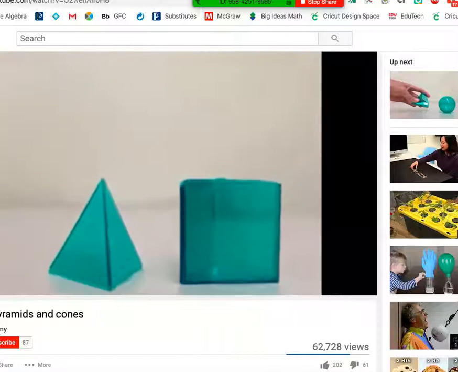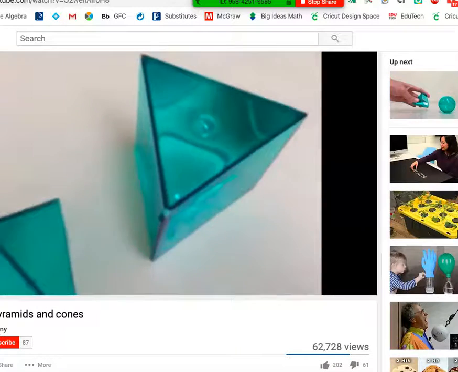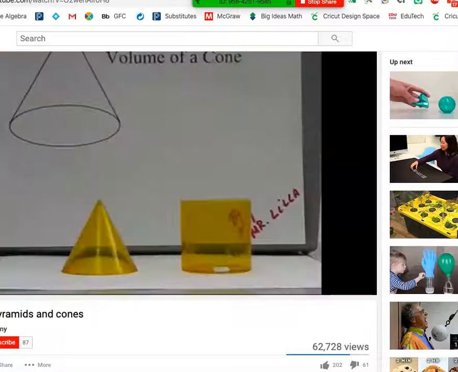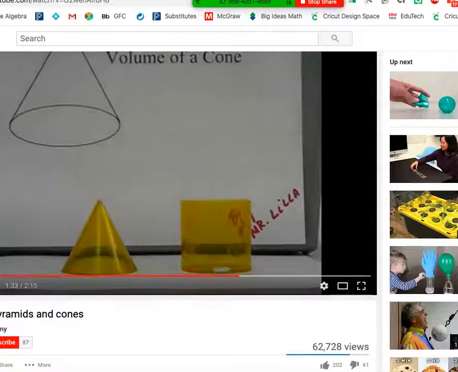Okay, now I think it's going to move on to cones in a second here. Okay, let's take a guess. How many cones will it take to fill the cylinder? 4? 3 or 4? 2? Okay, let's find out.